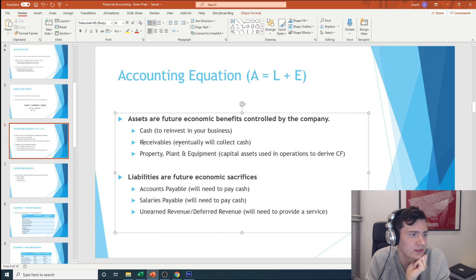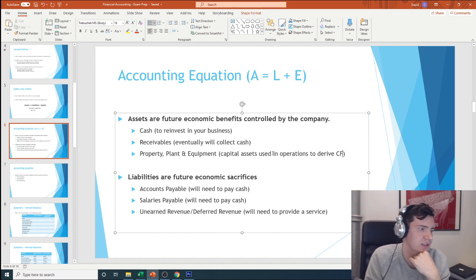Receivables, on the other hand, we will normally be able to collect over time and convert into cash. Property, plant, and equipment is another type of asset. We're going to derive future cash flows from it, which are going to be used in our operations.